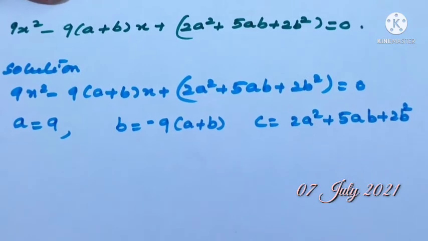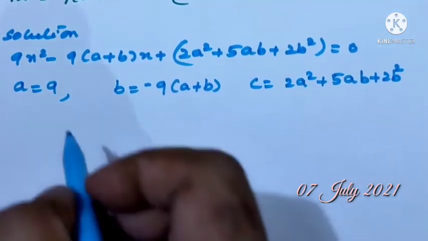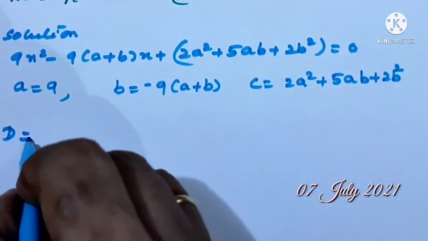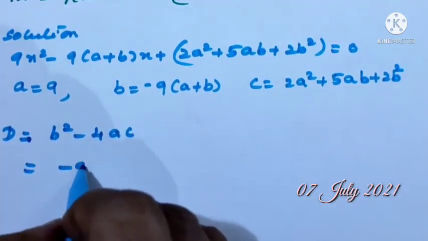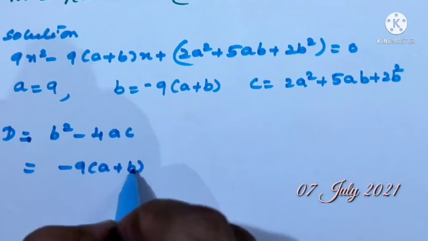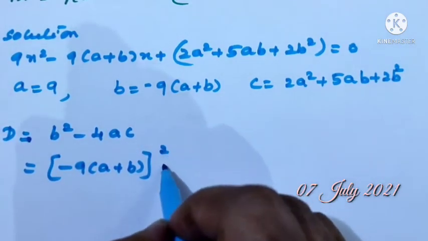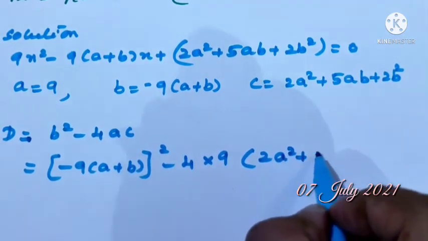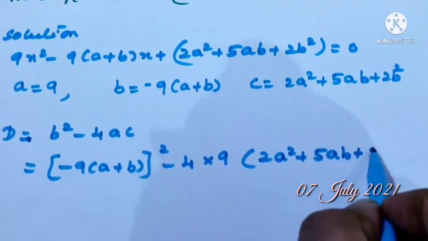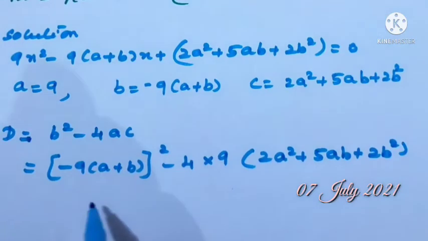Now what is the next step? We should find the discriminant. So D equal to b square minus 4ac. So minus 9 into (a plus b) whole square, minus 4 into 9 into (2a square plus 5ab plus 2b square). Okay.